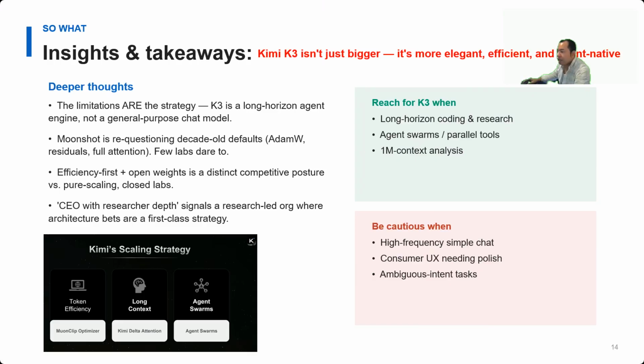Certainly, the combination of efficiency-first engineering with open weights is a generally different competitive posture from pure-scaling closed labs or closed-source models. I think that's the reason why they can punch above their compute budget.